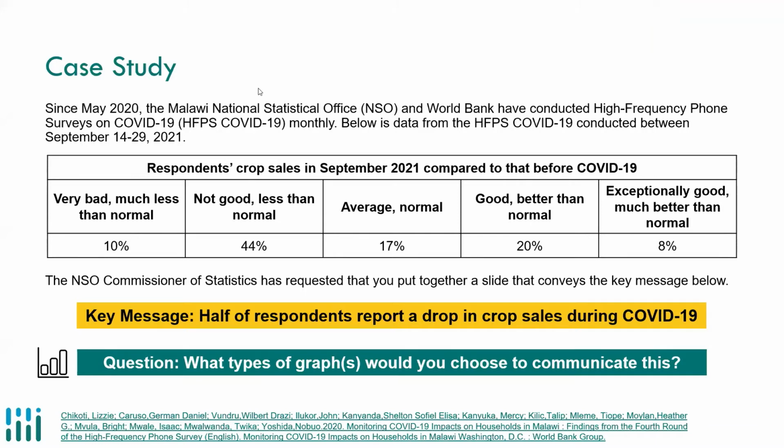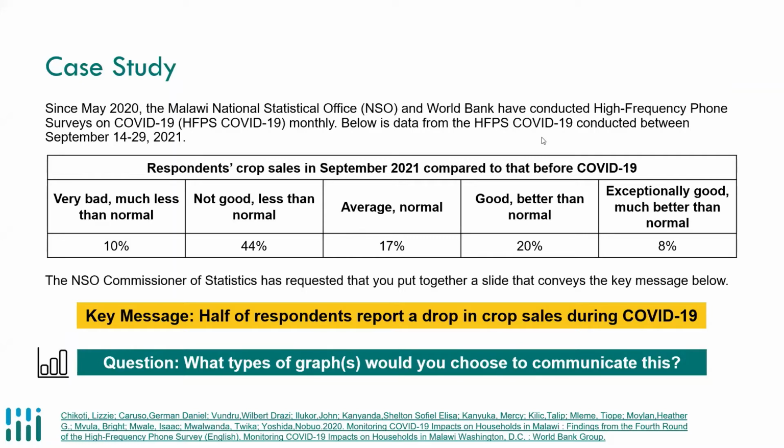So we didn't agree on anything, but we talked about maybe doing a stacked bar graph, or combining the very bad and not good together, and then the good to exceptionally good together, and maybe doing a pie chart, or stacking them together just to highlight that more than 50% had a drop in crop sales.